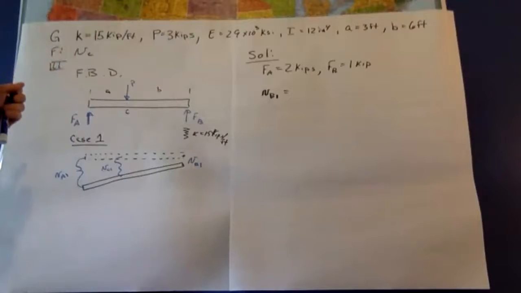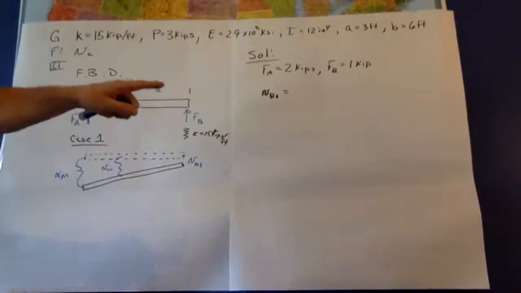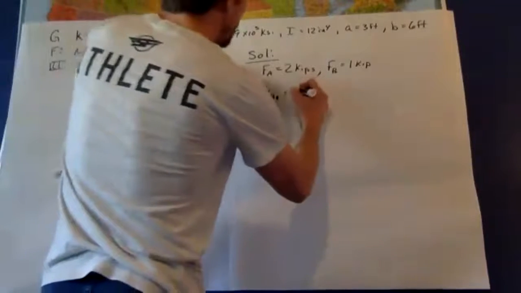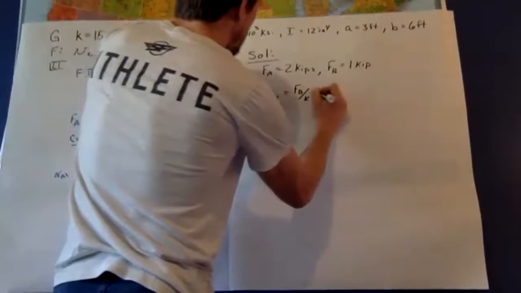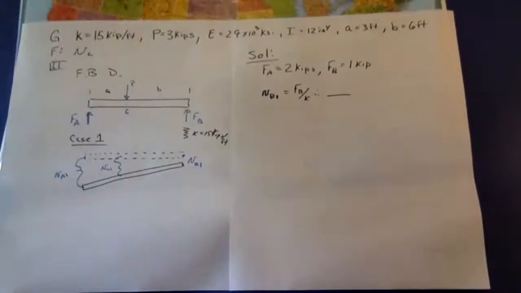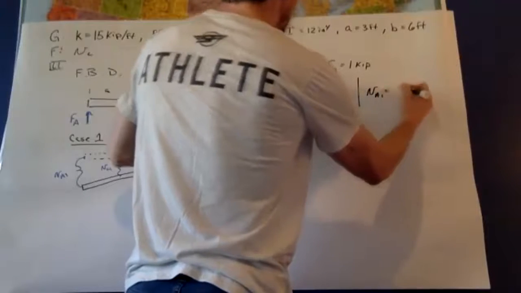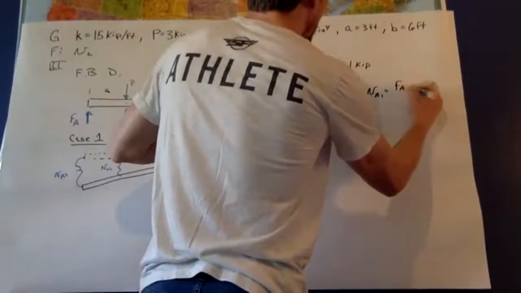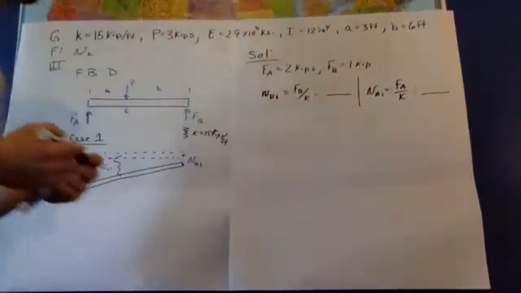Or we can say the displacement at B1 is equal to the force at B divided by K. And that'll give you an answer there. And everything is known from that. Similarly, we can say that VA1 is equal to force at A divided by K, and that'll give us another answer.